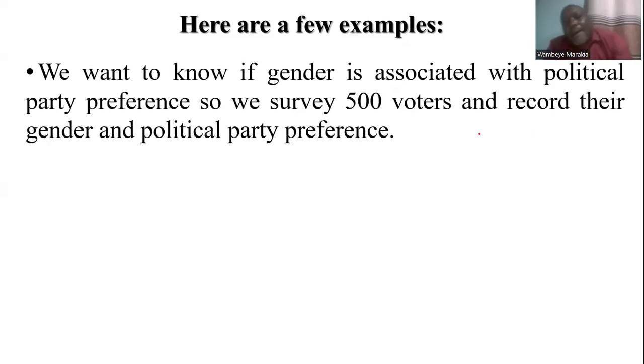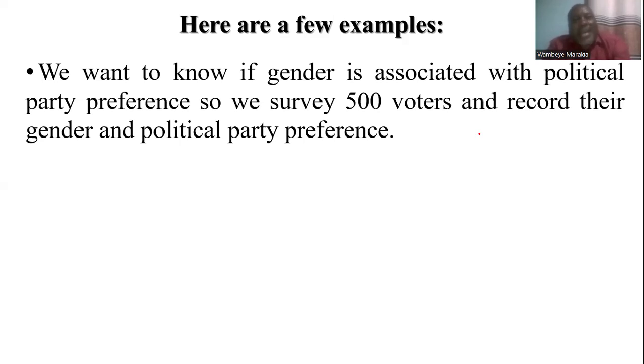Now, let us get to an example, because I've given a lot of theoretical explanation, but I want us now to get to an example. There are 500 voters, and a researcher wants to know whether there is an association between gender and political party of preference.